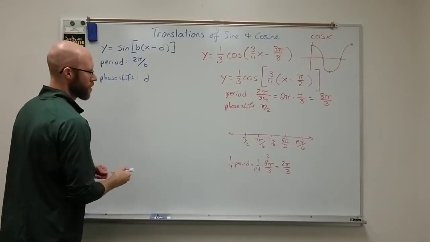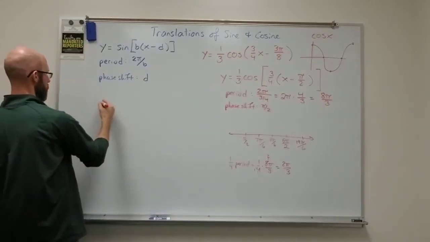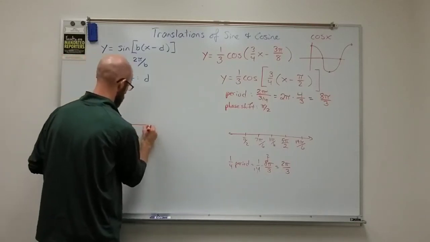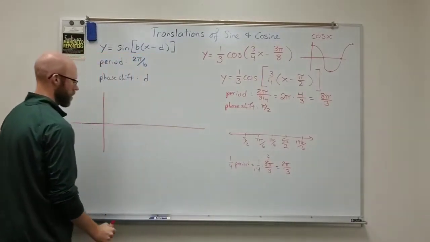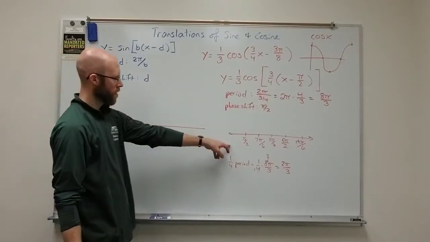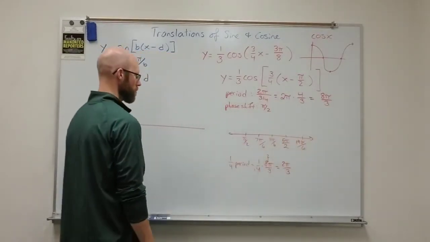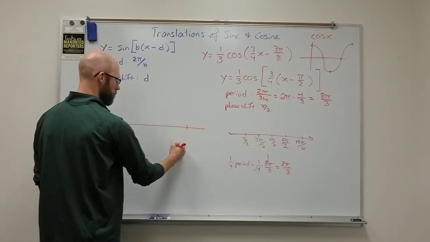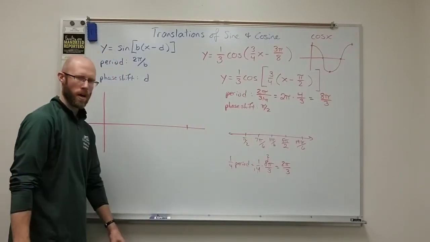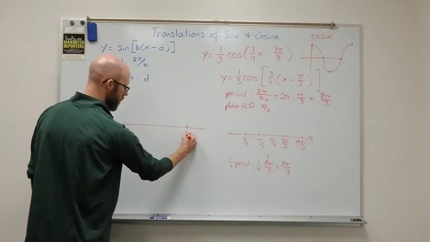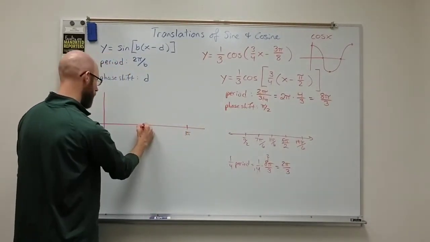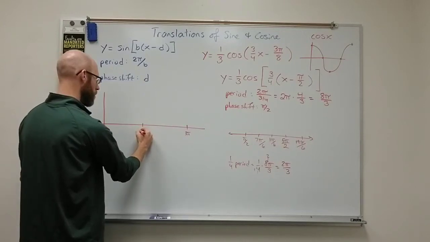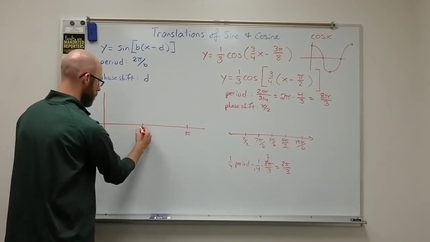Okay, so let's plot this out. I need, let's go out maybe 6 of them. 6 pi over 2s. What's 6 pi over 2s? It'd be 3 pi, right? So 3 pi, cut that in half, and that would be 3 pi over 2.